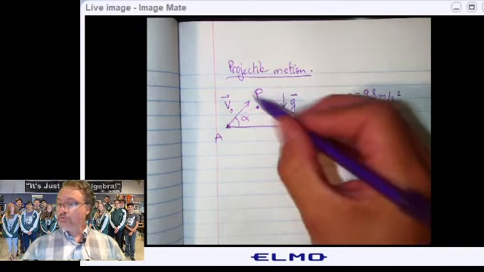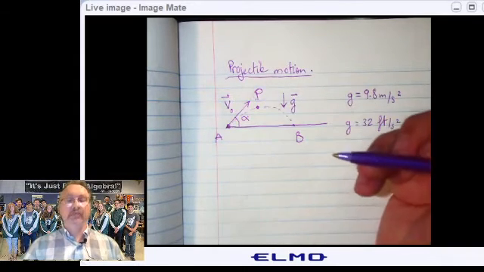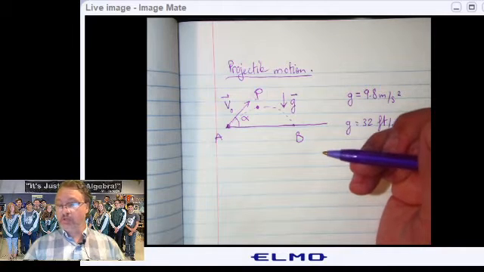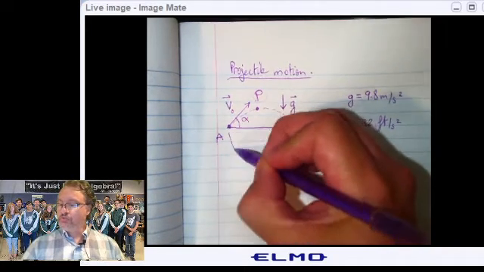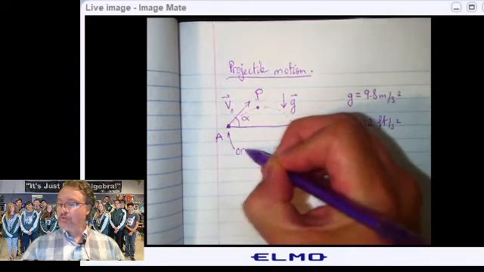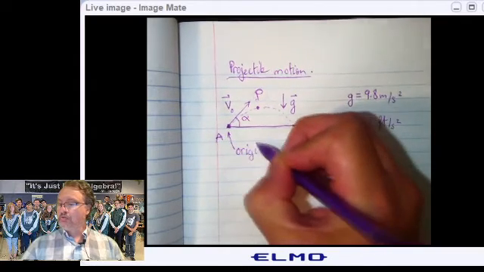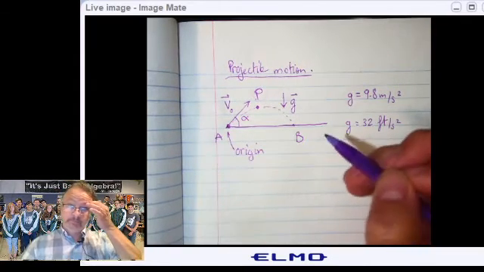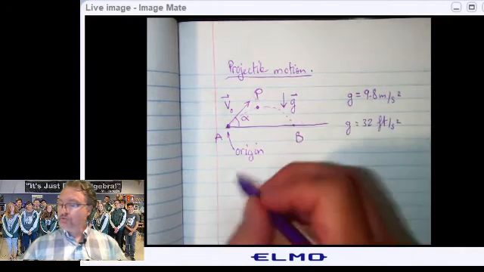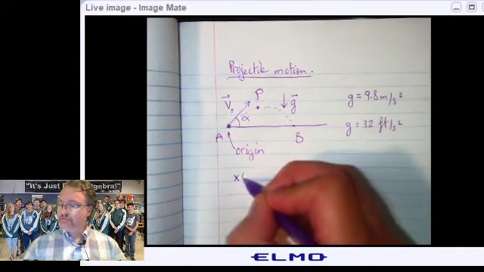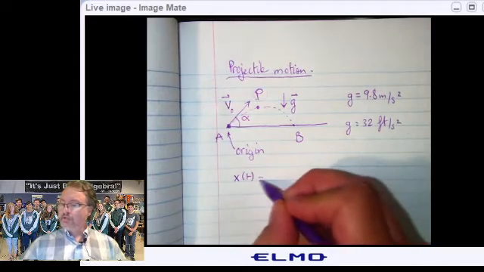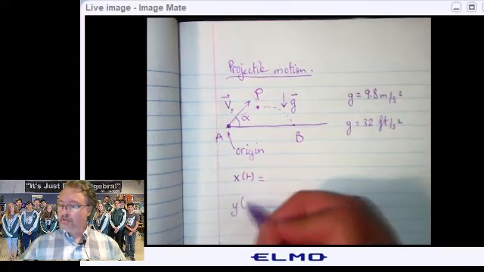So what we want to know here is where this point P is. We're going to measure its position in relation to the point A, which we're going to consider to be our origin. Okay. So the point P is going to have two coordinates, the coordinate x of t and the coordinate y of t.